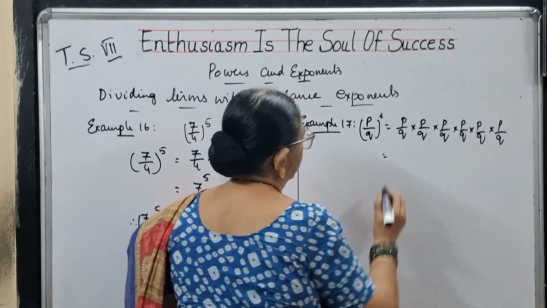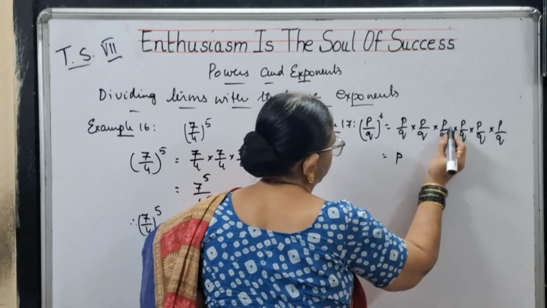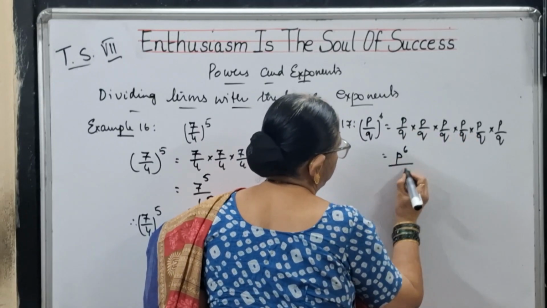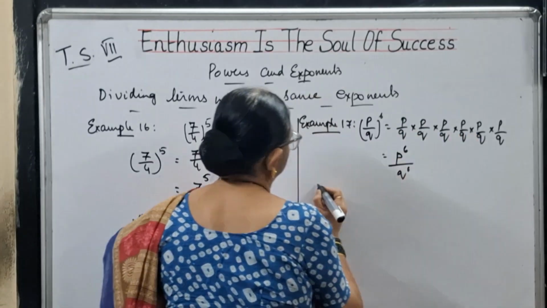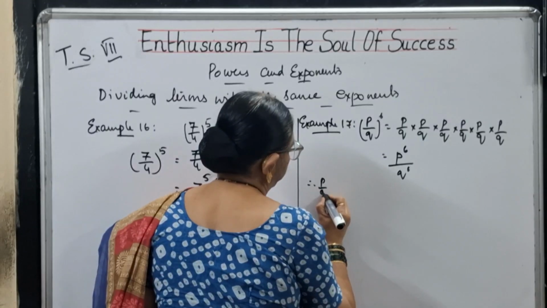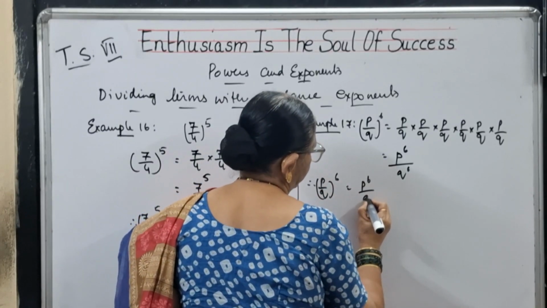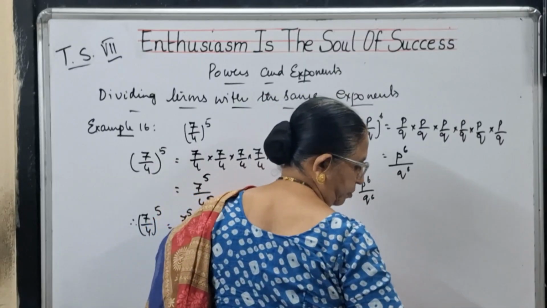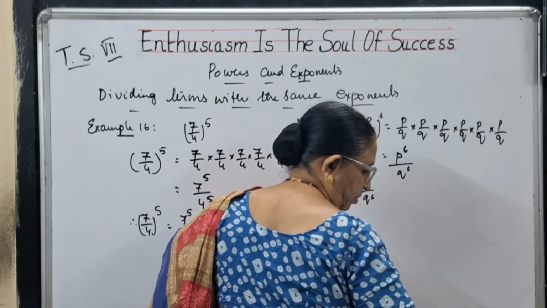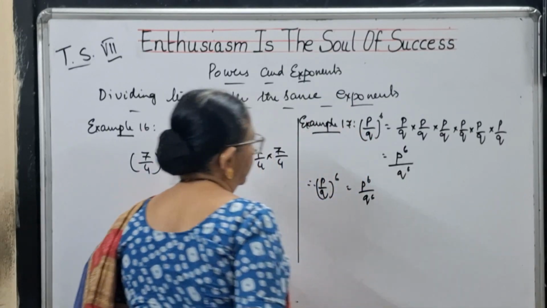That means P how many times you have done? 1, 2, 3, 4, 5, 6. By Q also 6 times. Therefore, P by Q whole to the power of 6 is P to the power of 6 by Q to the power of 6. This is example 17.